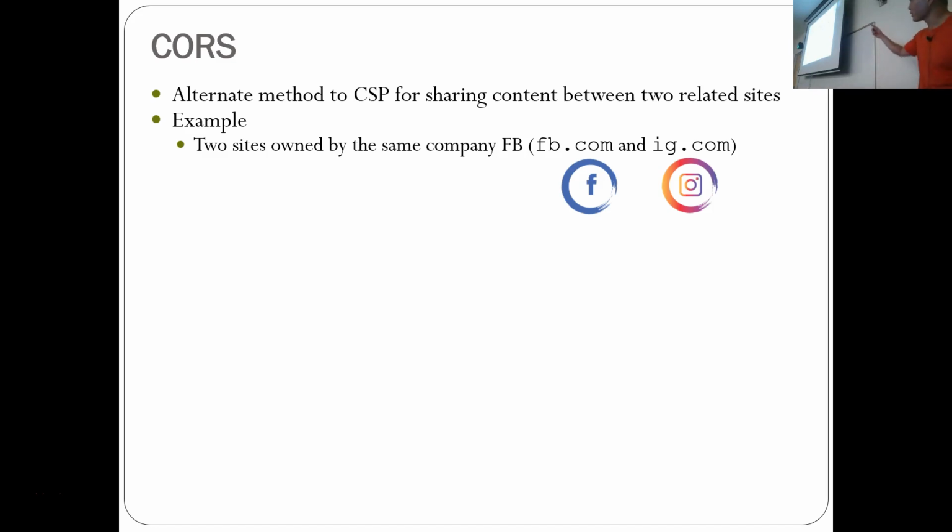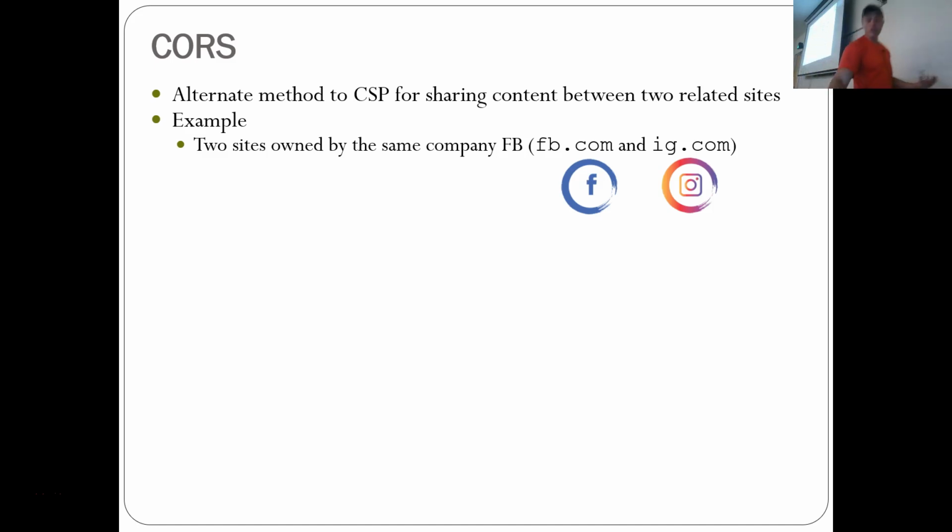So here's an example of FB.com and Facebook and Instagram. Because they're owned by the same company and they want to integrate the users with each other, it is often the case that a Facebook page wants to inject a script that accesses Instagram content.